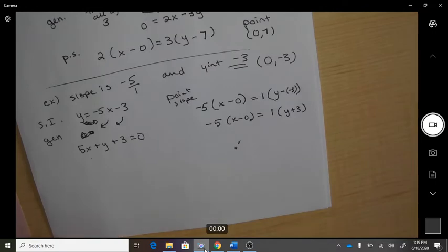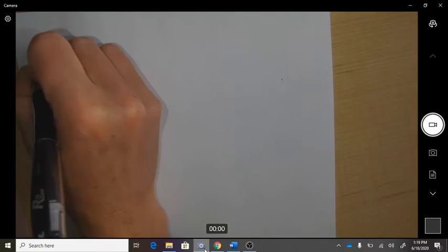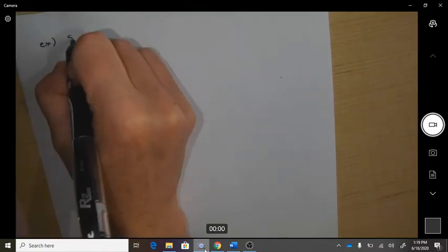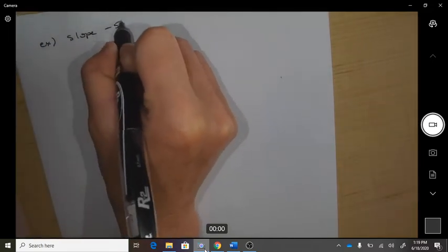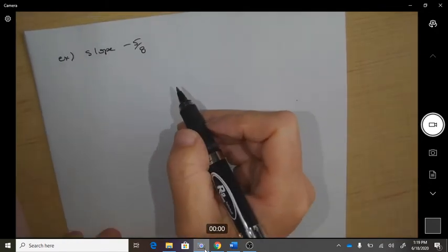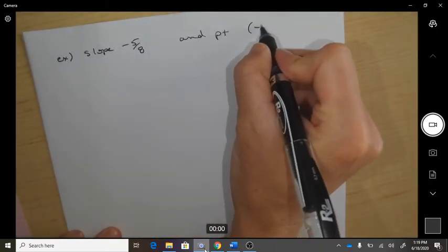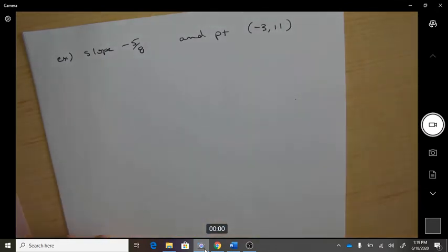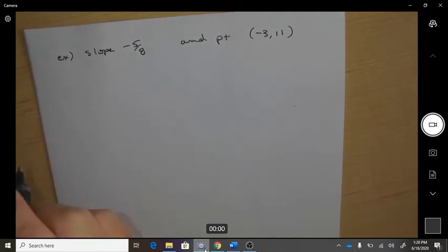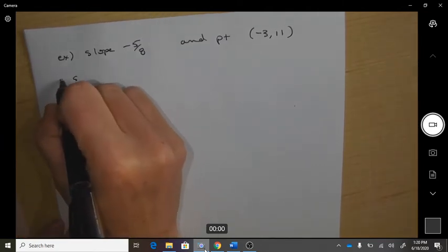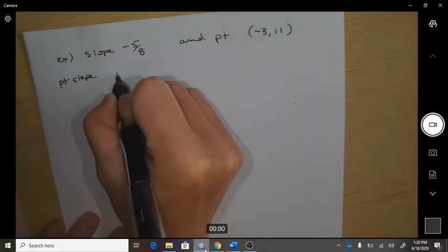Okay, next. I'm going to give you a slope and a point. Okay, so if I was to pick, I would pick point slope form.